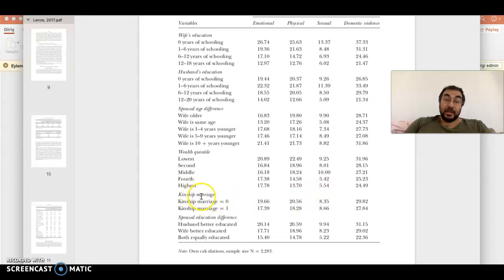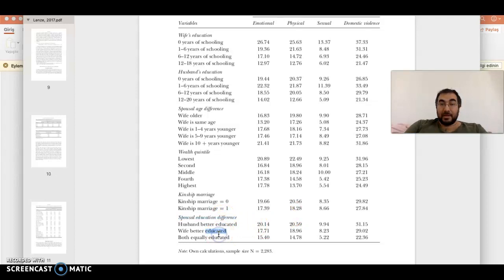So kinship marriage is interestingly decreasing the emotional and physical violence, slightly increasing the sexual violence. This is the case when marriage is done between relatives. Well, and spousal education difference.